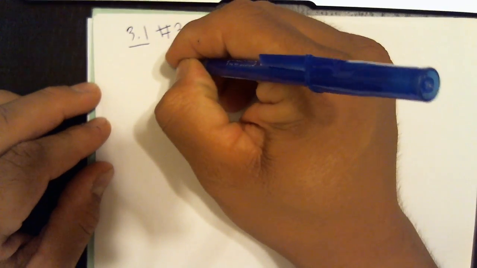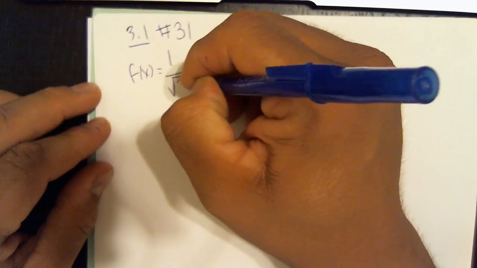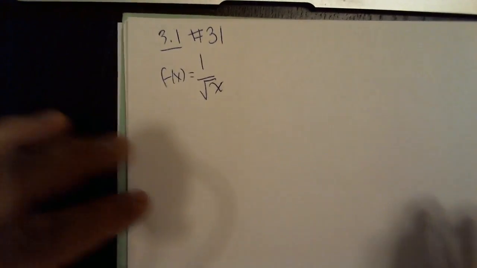We're asked for the following functions and points: find f prime at A, and determine an equation of the line tangent to the graph of f at A, f of A, for the given value of A. Here, in 31, we have f of x is 1 over the square root of x.